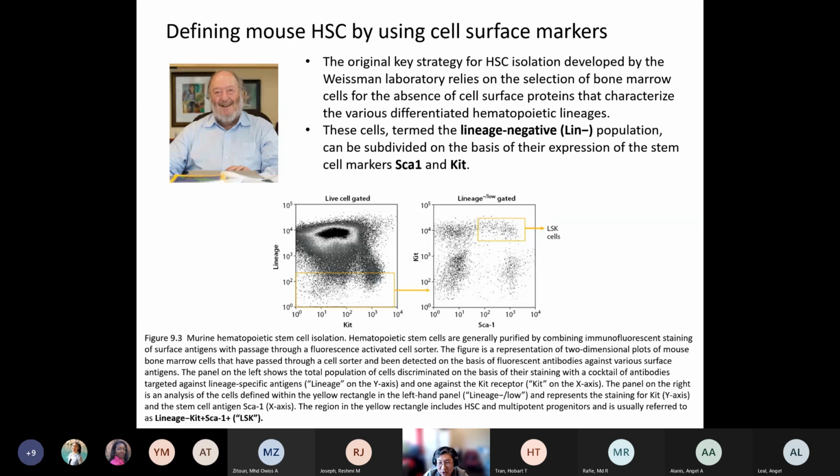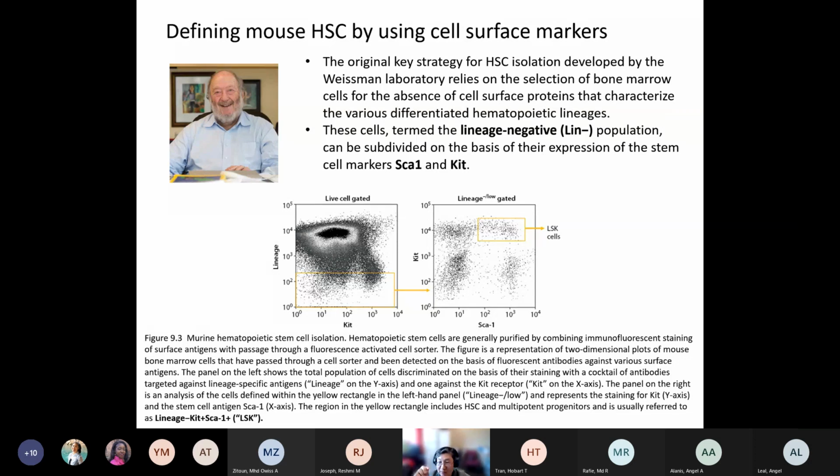So when you want to distinguish stem cells, first of all, you want to remove the terminally differentiated cells. How will you do that? You use lineage markers. So here you have a collection of antibodies against many lineage specified cell markers. For example, markers for lymphocyte, markers for monocyte, markers for macrophage.